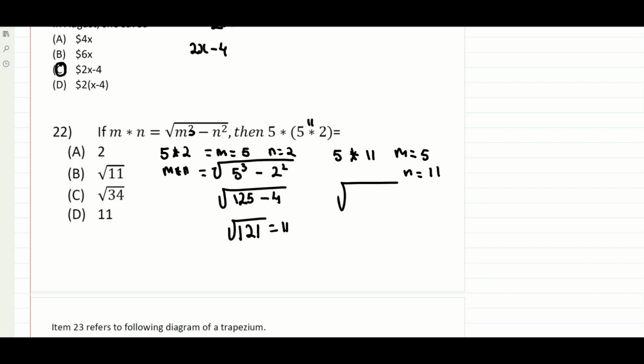So it is going to be the square root of 5 cubed minus 11 squared. Alright, so 5 cubed again is equal to 125 minus 121, which is equal to the square root of 4, which is 2. So my answer for this is B.